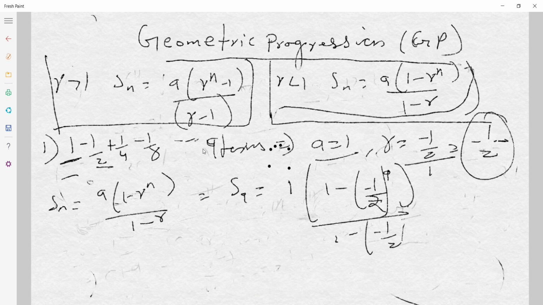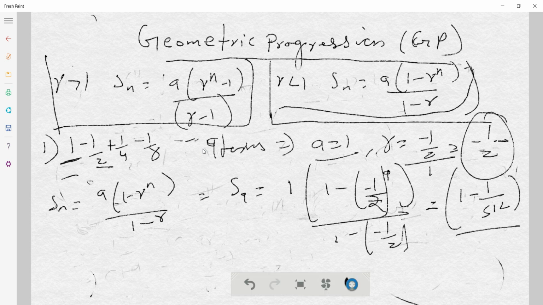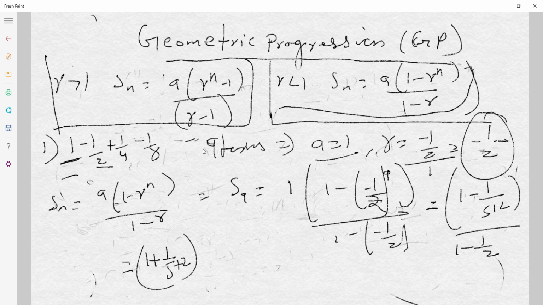So you need to work out this one. That equals something like 1 minus, well, 2 to the power 9 is 512, I presume, so 1 plus 1 by 512, divided by 1 plus 1 by 2.